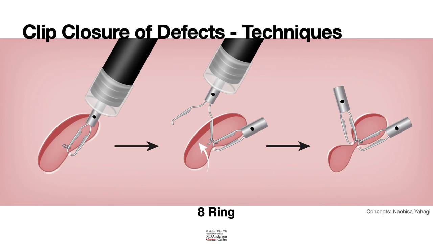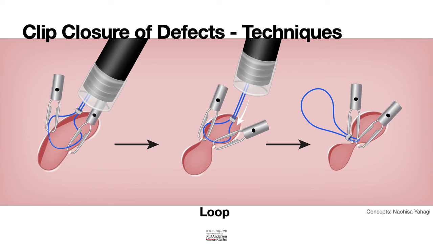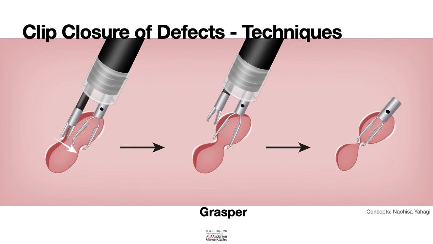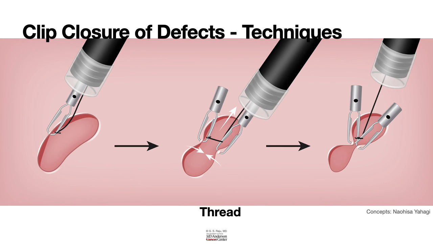or the use of an 8 double ring so that you attach it to one clip, attach it to one end, and place another clip in the ring and bring it to the other edge and close, or the use of a loop to close, or the use of a grasper to bring the other edge close to the clip so as the clip can grasp that, and finally using a thread with the thread to bring the edges together.